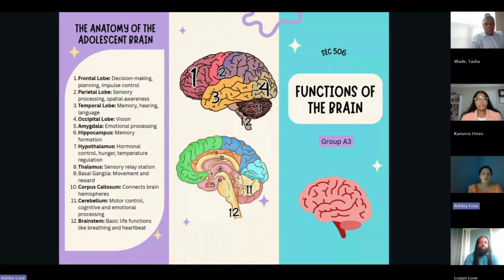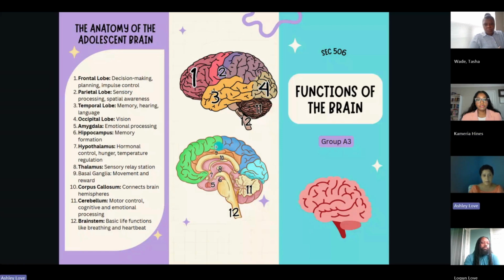Parietal lobe, which is number 2 right here, the little sliver on the top image, which is sensory processing. And then the temporal lobe, which is number 3, this big orange section right here, which is memory, hearing, and language. And then number 4 right here is your vision.